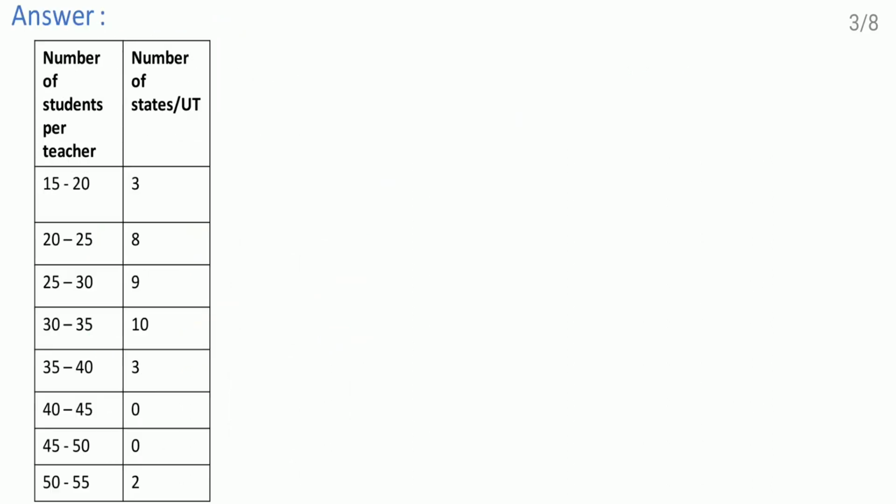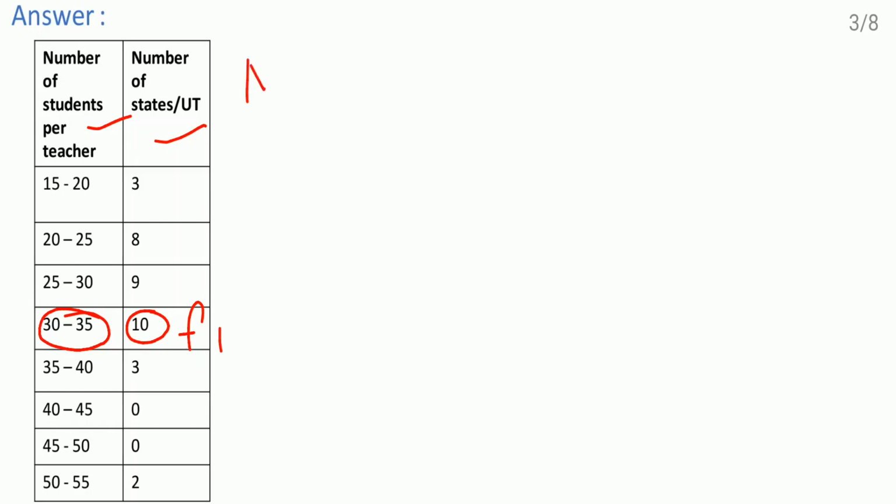For the mode, the same 2 columns are there. I will find out the class which is having the maximum frequency. Okay, now see, this is the maximum frequency here, and this one is the class. Now for this maximum frequency, we will call it as F1, and this class we will call as modal class.